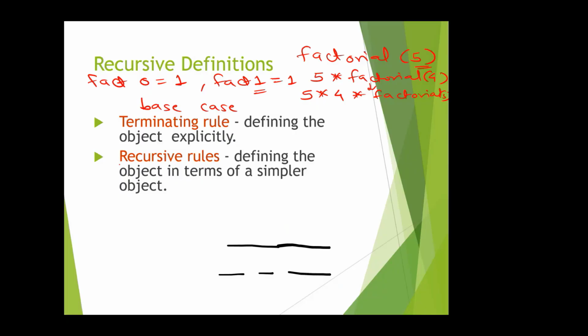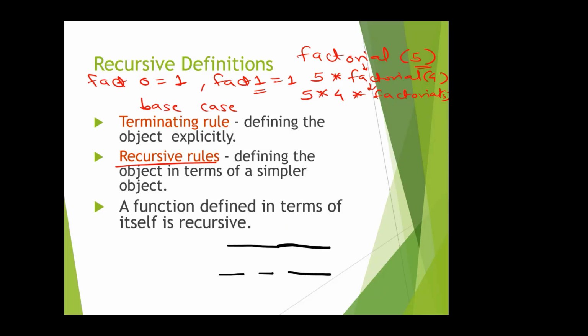Then you have to define how the recursion will happen. In this case, since we are going to multiply each number, we have the value 5 multiplied by the factorial of 1 less than the original value, and that will calculate the factorial. If we are doing the Fibonacci series, we will define it a little differently. But again, the same function will call itself when we are using recursion. A function which is defined in terms of itself is called a recursive function.